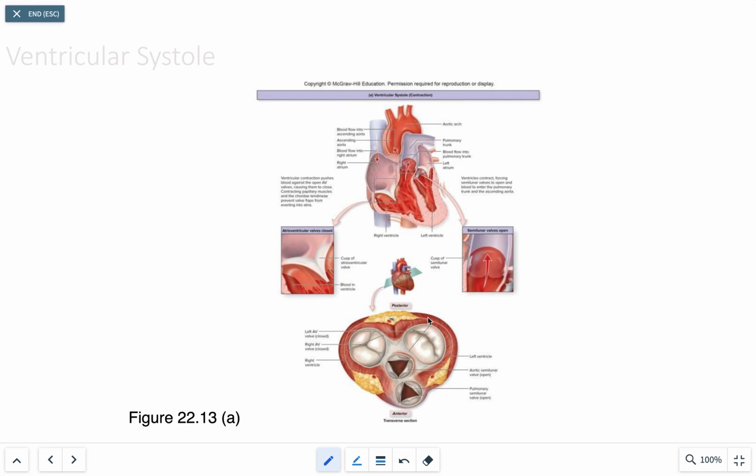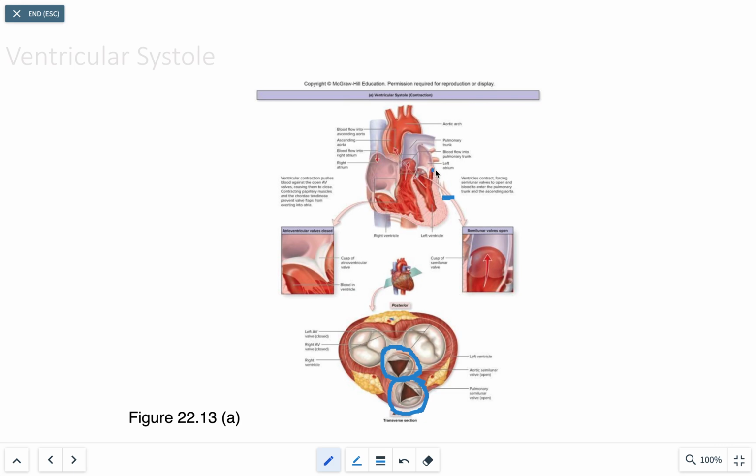And mostly what we're looking at are the opening and closing. So during ventricular systole, the aortic or semilunar valve will be open and the pulmonic valve will be open. We're particularly looking at the contraction of the ventricles.